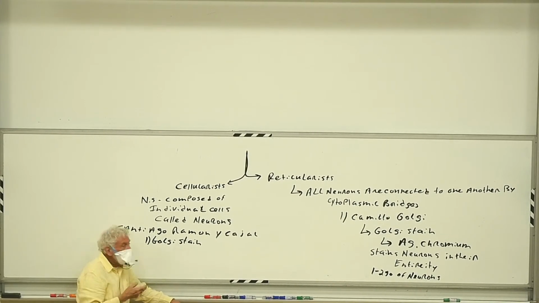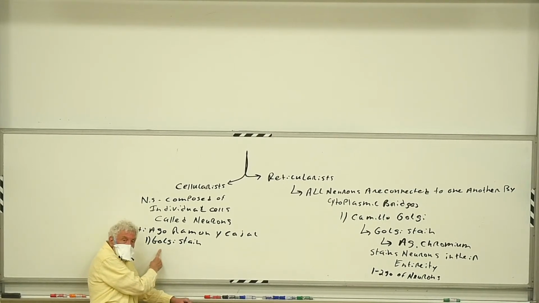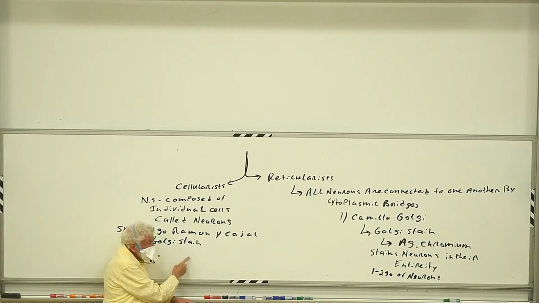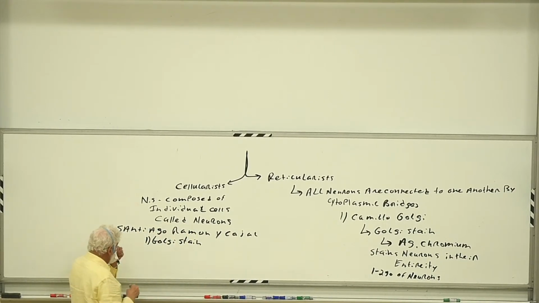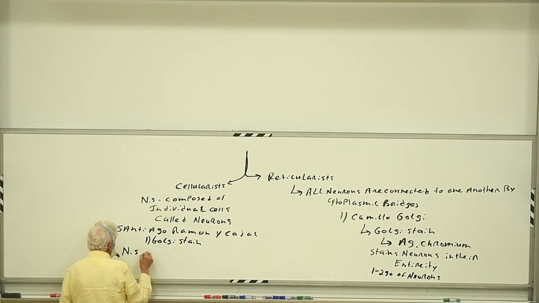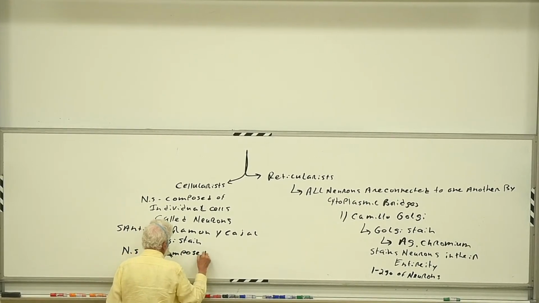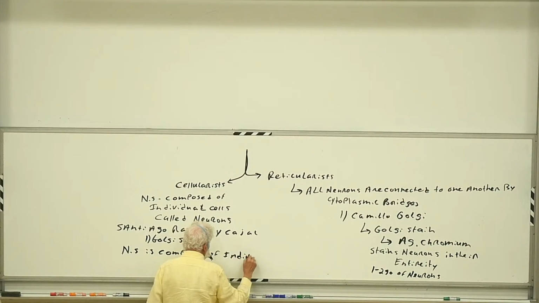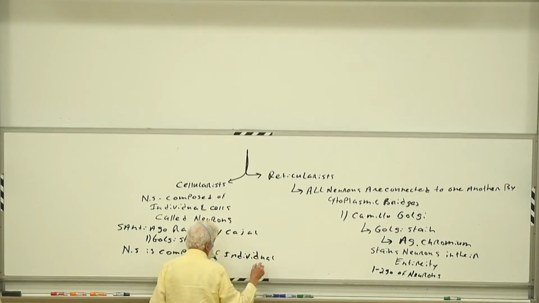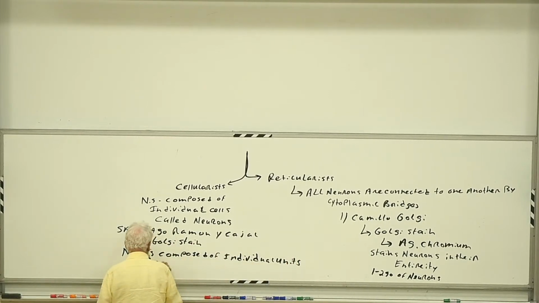And he then applied this stain to the nervous system, just as Golgi had done, but he came to a very different conclusion. He came to the conclusion that the nervous system is composed of individual units called neurons.